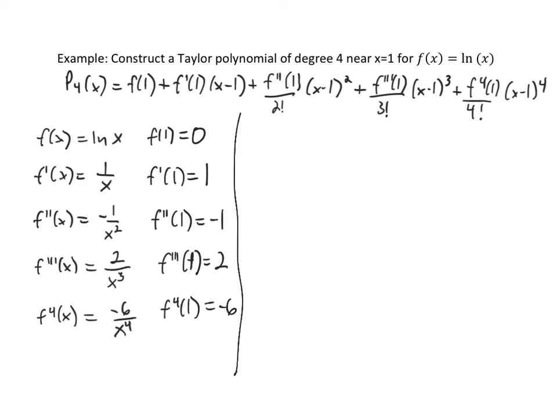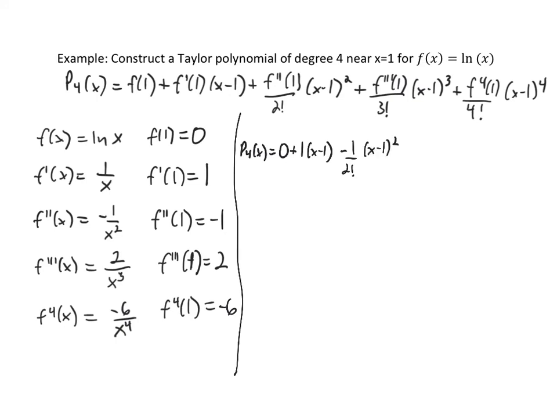All right, so let's write our polynomial out. We would get f of 1 is 0 plus f prime of 1 is 1 times x minus 1. The next term is actually a negative 1, so negative 1 over 2 factorial x minus 1 squared.